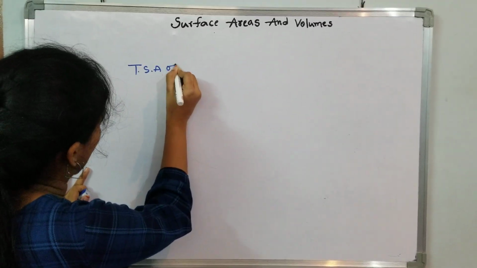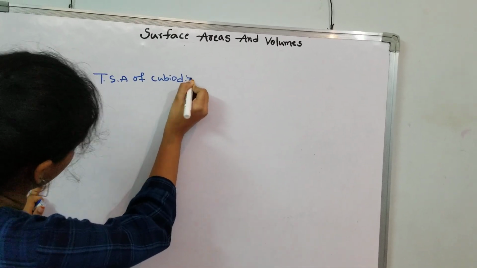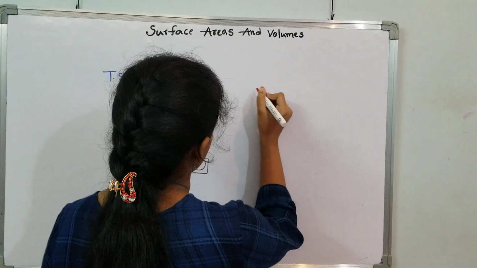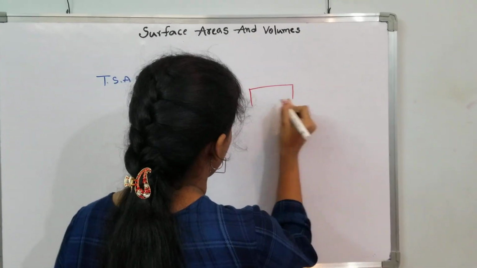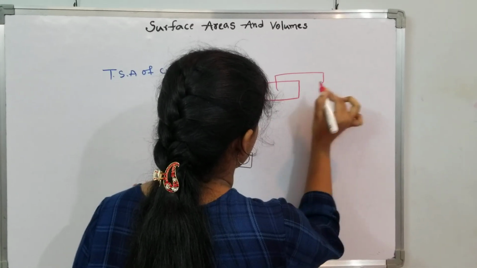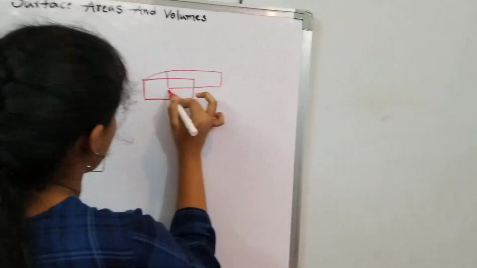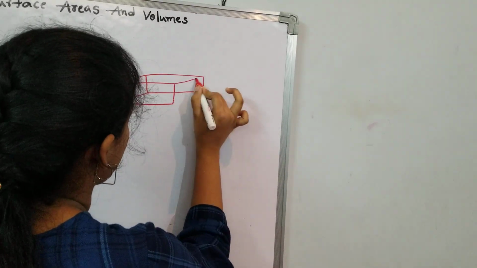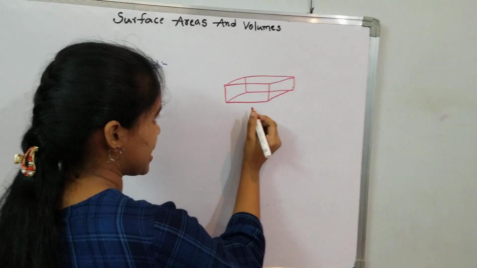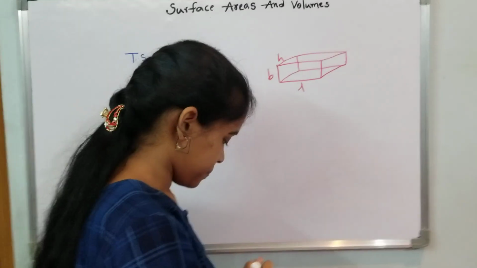Total surface area of cuboid. So let's draw the cuboid. This is the cuboid which has length, breadth and height.